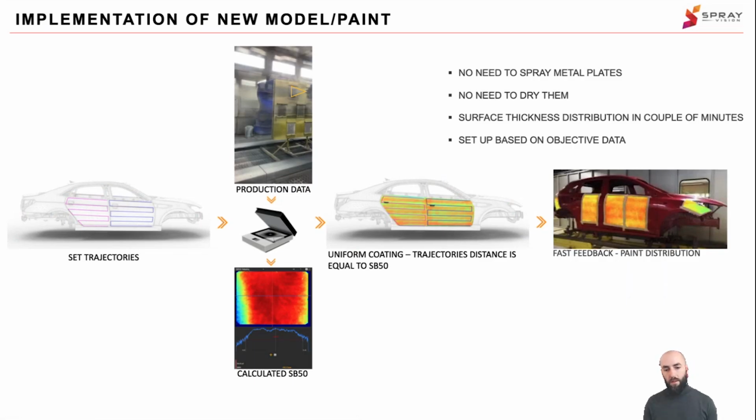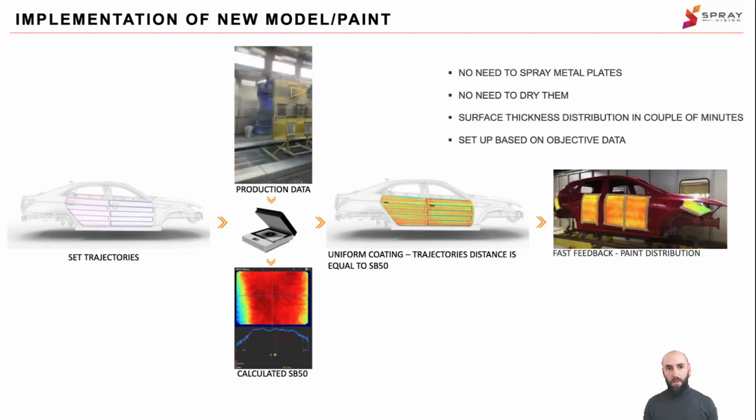Here, this is again a diagram of the basic workflow of how you can use the software to make your production a little better, or save some time, or also save some paint, increasing your transfer efficiency.